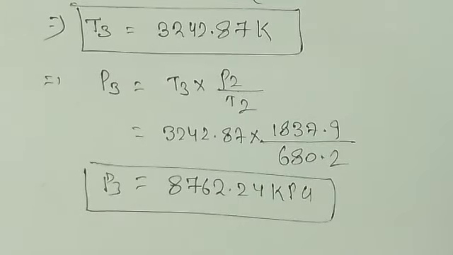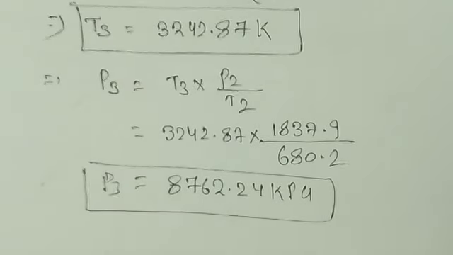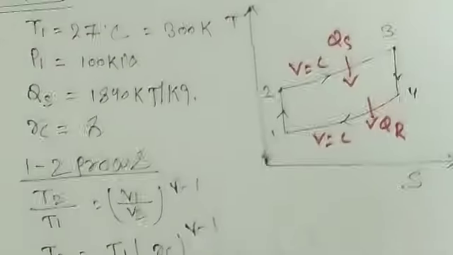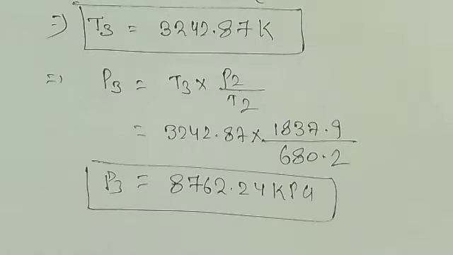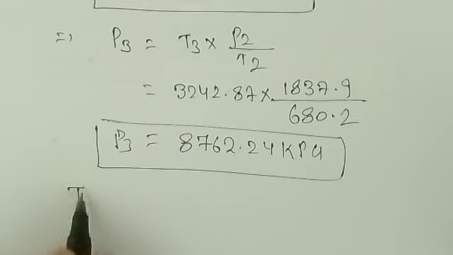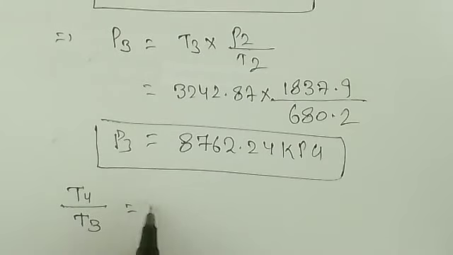Now we have to find out the P4 and T4, right? So for P4 and T4 we will see the 3 to 4 process, that is expansion. So T4 by T3 is equal to (V3 by V4) to the power of gamma minus 1, right?